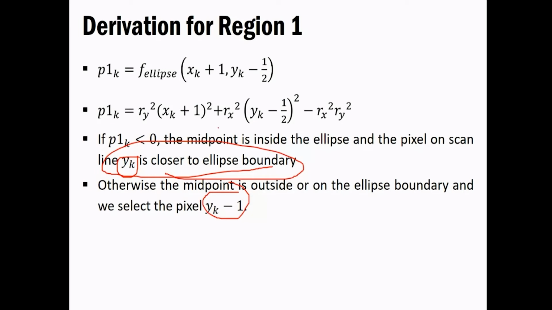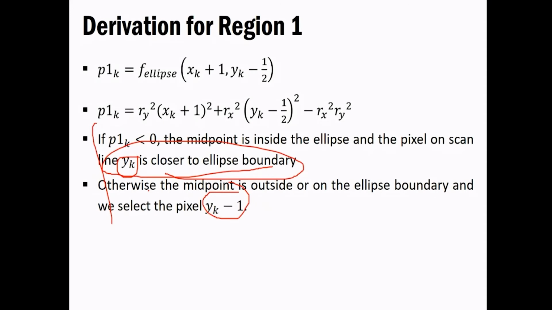So you are getting one simple decision to make: which one is closer to the ellipse boundary. This is the same thing that we have seen in the circle generation algorithm. The same thing is followed over here also. Two cases we have, yk and yk minus 1, because you are taking a unit step in the x direction. That's why we are dealing with this.